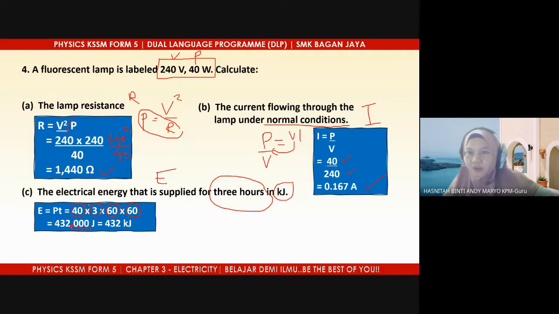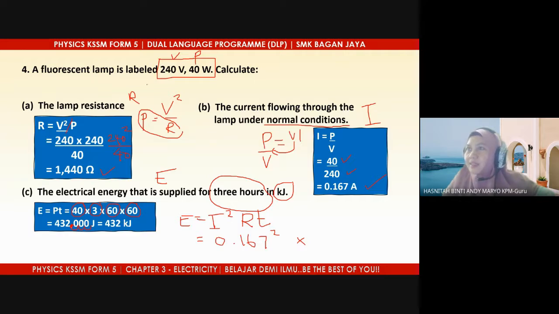I use formula E equal I squared RT. Okay, kita tengok, E equal I squared RT. Ada formula ini tadi. So I berapa tadi? 0.167. 0.167 squared multiply R. What is R?